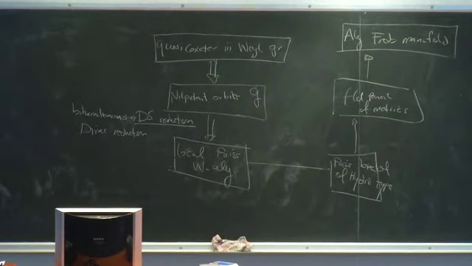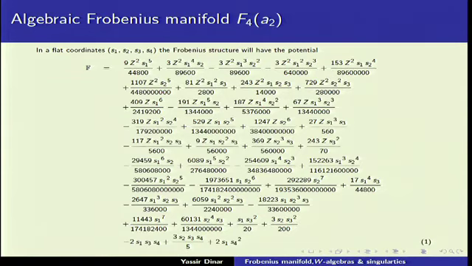Okay, so we begin these steps, and we construct some algebraic Frobenius manifold. This one, also in the Coxeter group or reflection group of type F4, is of dimension 3, and here it depends on z, where z is a solution of a cubic equation. It's not a quadratic equation.